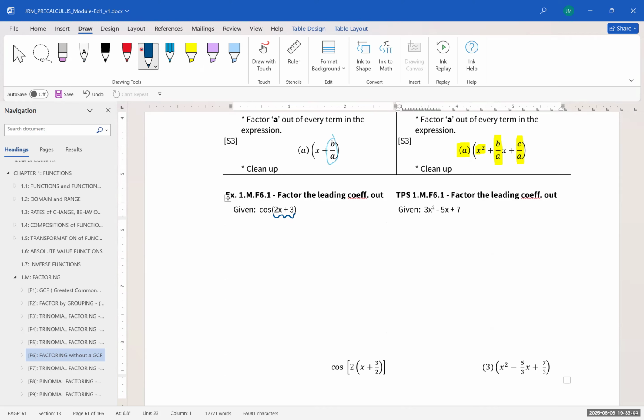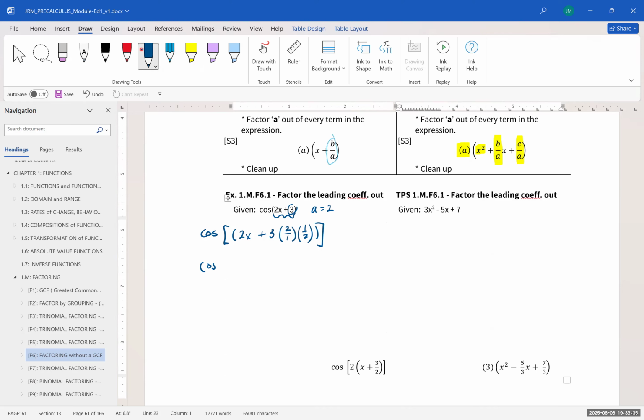Well, we're not going to do anything with cosine. We're going to leave that alone. Then we're going to have 2x. In this case, a is 2. Now the next term, 3, we're going to put plus 3. We're going to multiply that times 2 over 1 and 1 over 2. Just like that.